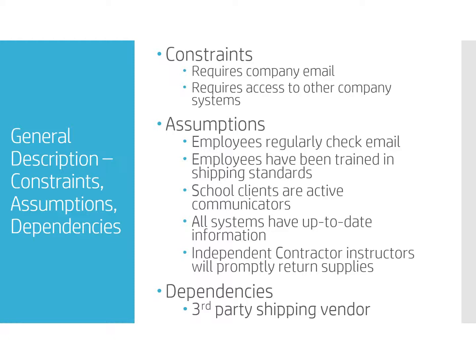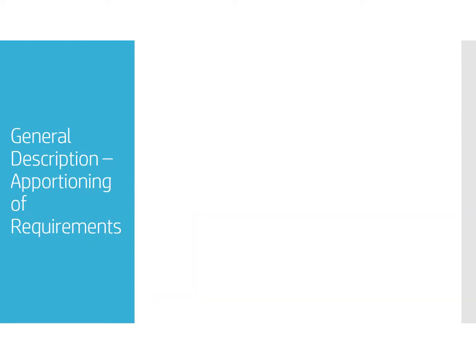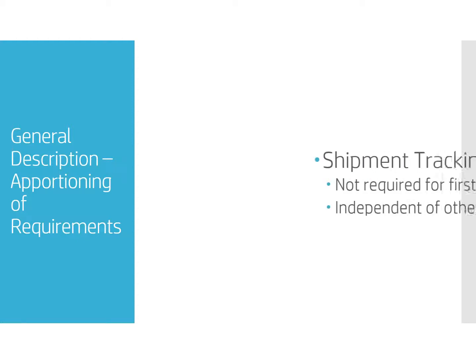There's only one dependency that has been identified, and that is that the shipping system is dependent on the third-party shipping vendor's tracking. An 18-week timeline was established for this project, as you will see on the next slide, with a sample of the schedule from the Gantt chart that was created.